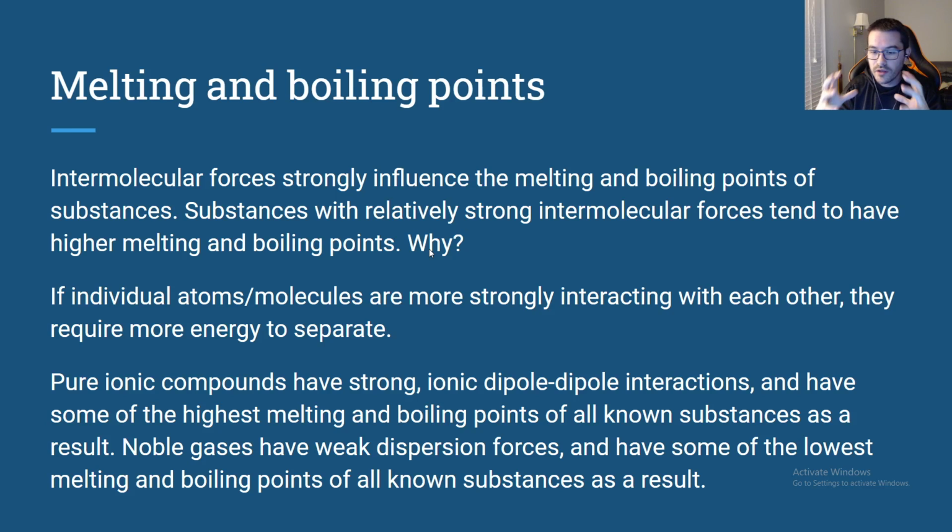To be a solid, all the molecules are locked in place. Right? You would think of them as being strongly interacting. If they weren't interacting with each other, locking themselves into place, they could be free to move around. But they're not, right? So in a solid, there are very strong interactions between the different atoms or molecules.